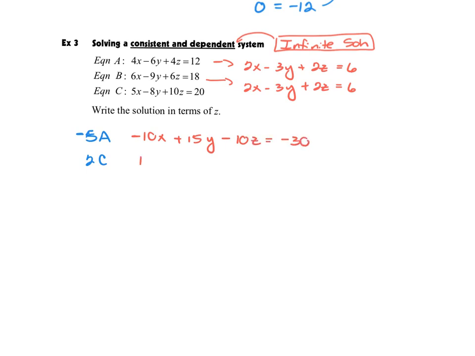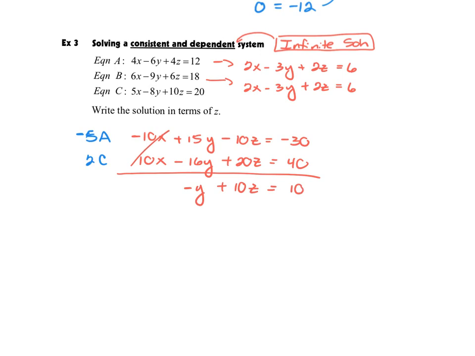And I'm going to have a 10x minus a 16y plus a 20z equals a 40. Remember, if I'm trying to eliminate x, I'm trying to get the coefficients on the x's to be the same but opposite signs. Now, when I add these together, my x's drop out like I wanted. I have a negative y plus a 10z equals a 10.